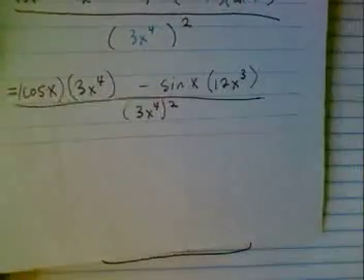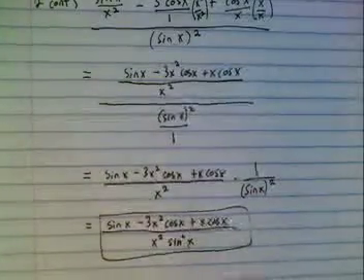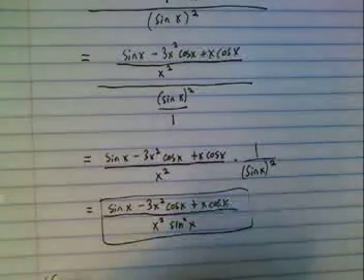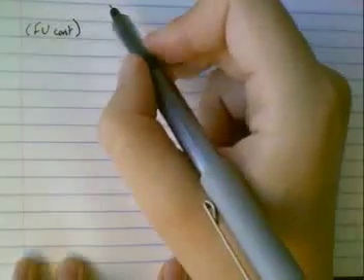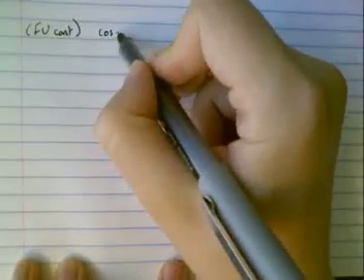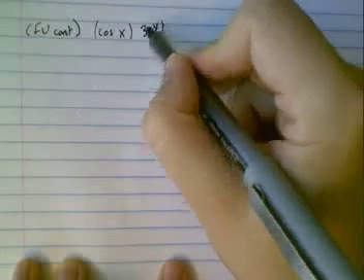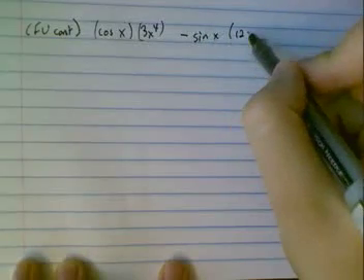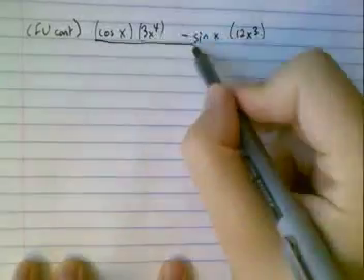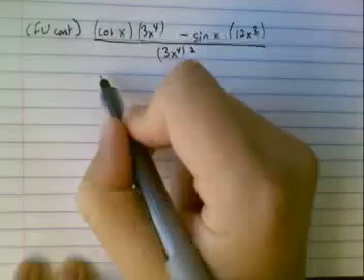Looking back at that check for understanding, that can also be factored and simplified a little bit. Let's see, we had cosine x, 3x to the fourth, minus sine x, 12x cubed, all over 3x to the fourth quantity squared.